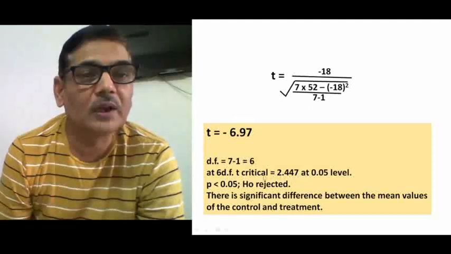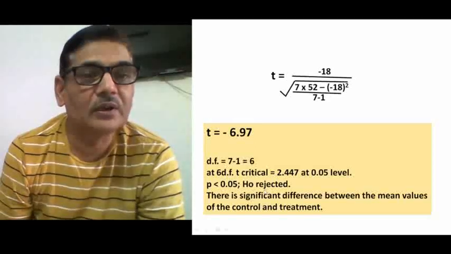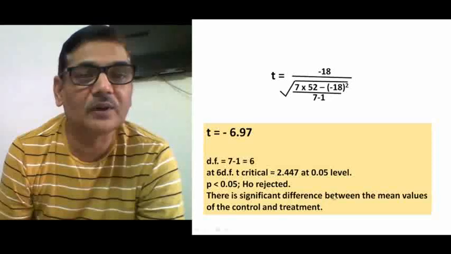So we are actually rejecting the null hypothesis because probability will be less than 0.05. So we actually reject the null hypothesis, and we finally infer that there is significant difference between the mean values of the control and treatment.